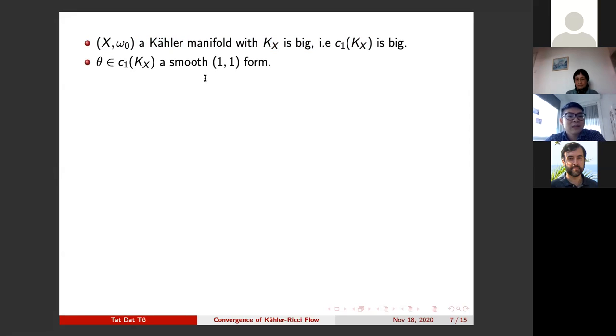And then we take a representative of c_1(K_X), which is a smooth (1,1) form theta. Theta doesn't need to be positive because this class is only big, not Kähler. So we can choose theta to be a smooth (1,1) form, but we cannot suppose that theta is positive.